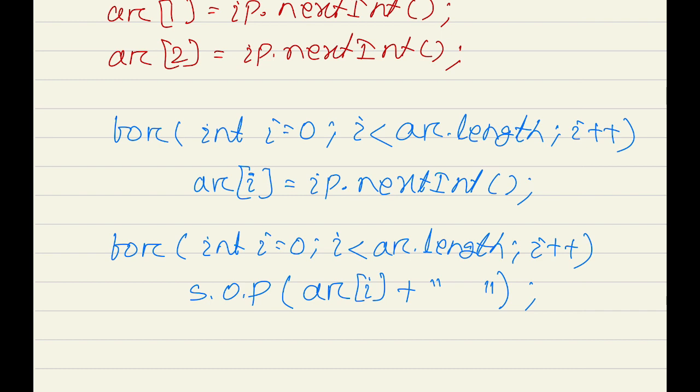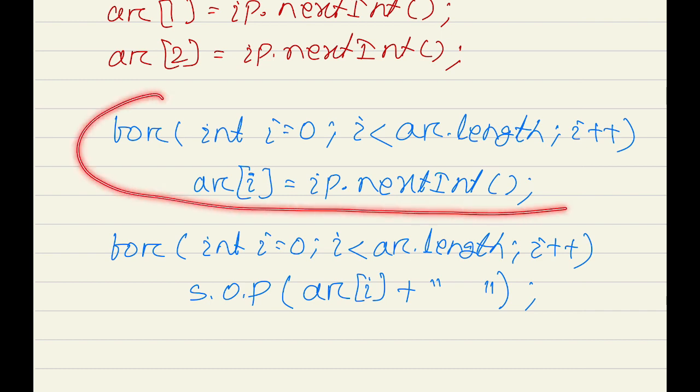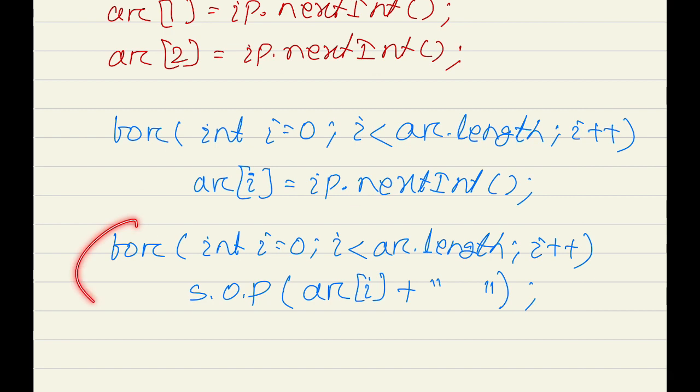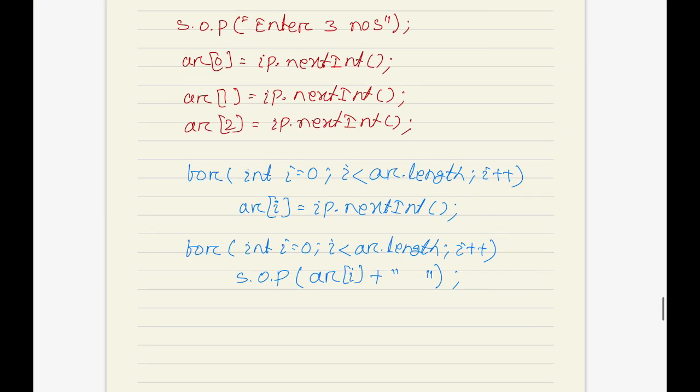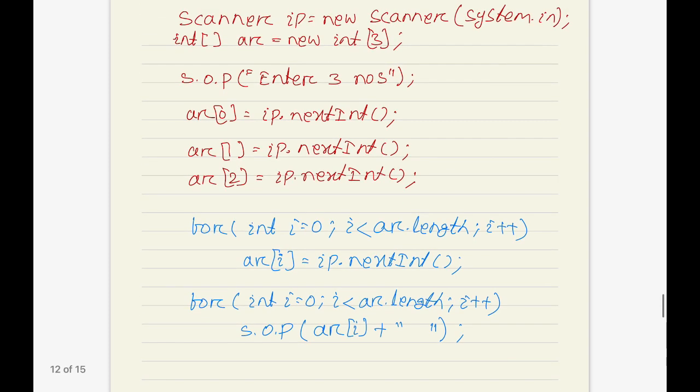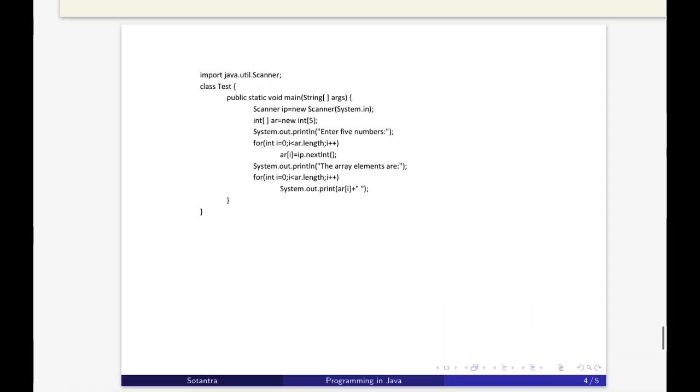So this one is for taking input and this one is for displaying the array elements, and here we are creating the array of size 3. So you can see the complete program here that we have written.